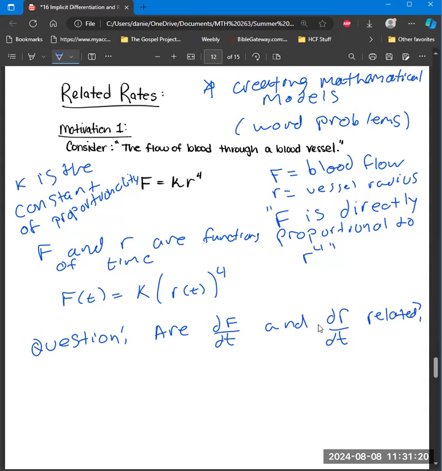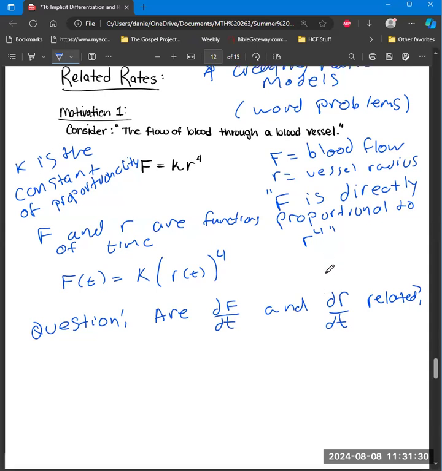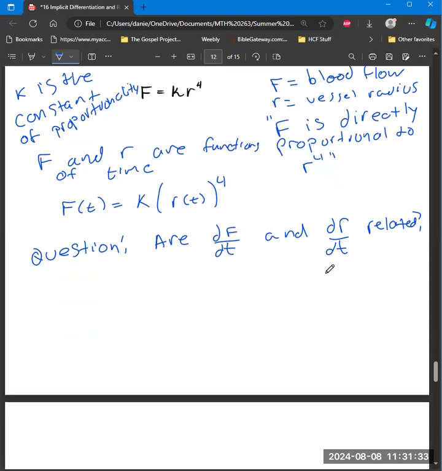Does the change in the radius of the blood vessel affect the flow rate, or does the change in flow rate affect the radius of the blood vessel? Well, yes, is going to be the answer, but let's prove it.